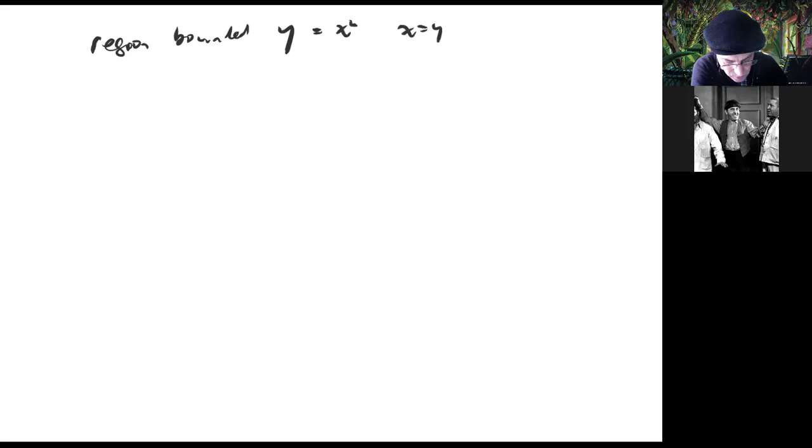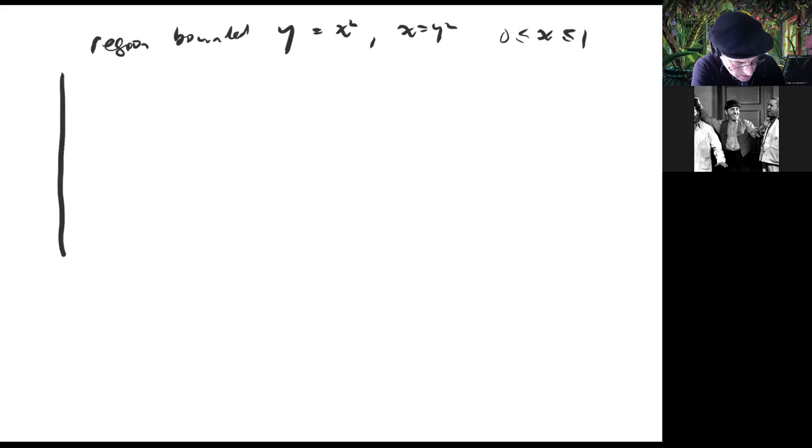So let's look at the region bounded by the two curves y equals x squared and x equals y squared for x between 0 and 1.